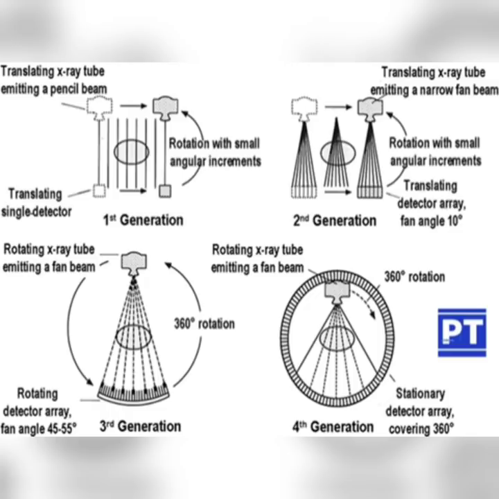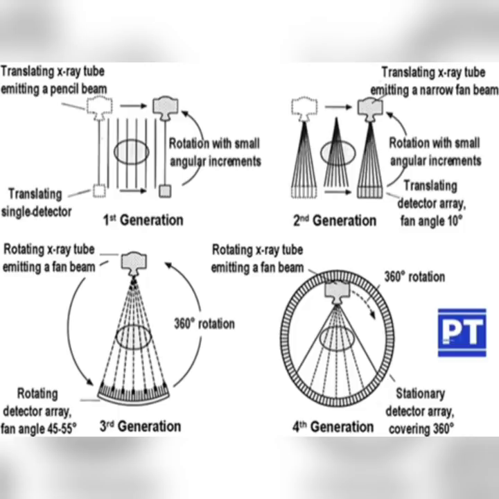About 160 steps are required to cover one linear movement. After 160 steps of linear movement, the X-ray tube will rotate from 0 to 1 degree. Likewise, it will rotate approximately up to 180 degrees. So the scan time is longer, about 25 to 30 minutes in the case of the first generation.